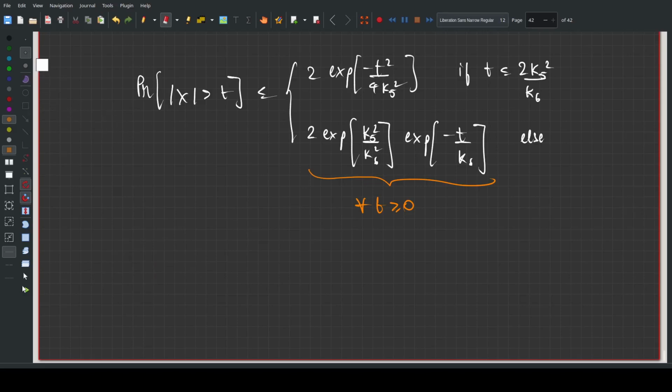So this says that in a certain regime of t, the absolute value of x has a sub-Gaussian tail. Right? If t is not too large, then this tail bound decays much faster than e to the minus t. But for large t, it basically has an exponential tail. So this is sometimes called the small deviations regime. In the small deviation regime, you have a sub-Gaussian tail.